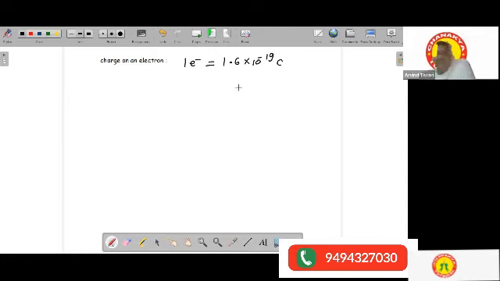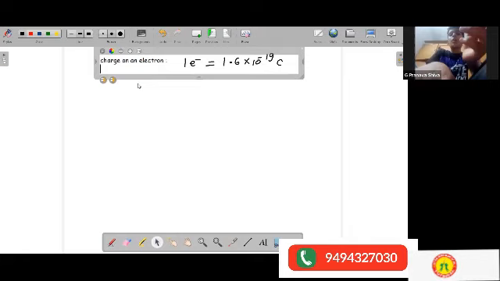The C symbol means Coulomb. Coulomb is the SI unit of charge. So what is the SI unit of charge? Coulomb.